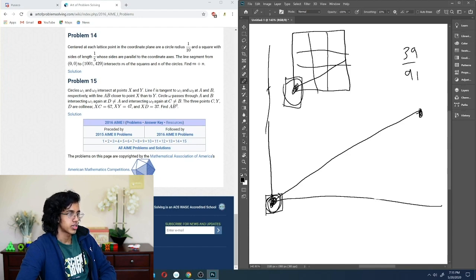And then this one has to be 1/5 away at some point. Well, let's see. When it goes 4/5 over, it goes times 39 over 91 up. Now this is clearly bigger than 1/5, so it's not going to touch this square at all. So this one doesn't have to worry about anything. But then at 2, it's probably in range of this one, right?